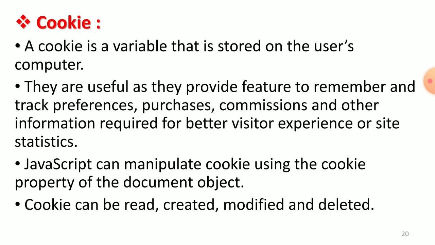A cookie is a variable that is stored on the user's computer, and cookies are useful as they provide the feature to remember and track preferences, purchases, commissions, and other information required for a better visitor experience or site statistics. JavaScript can manipulate cookies using the cookie property of the document object. Cookies can be read, created, modified, and deleted.